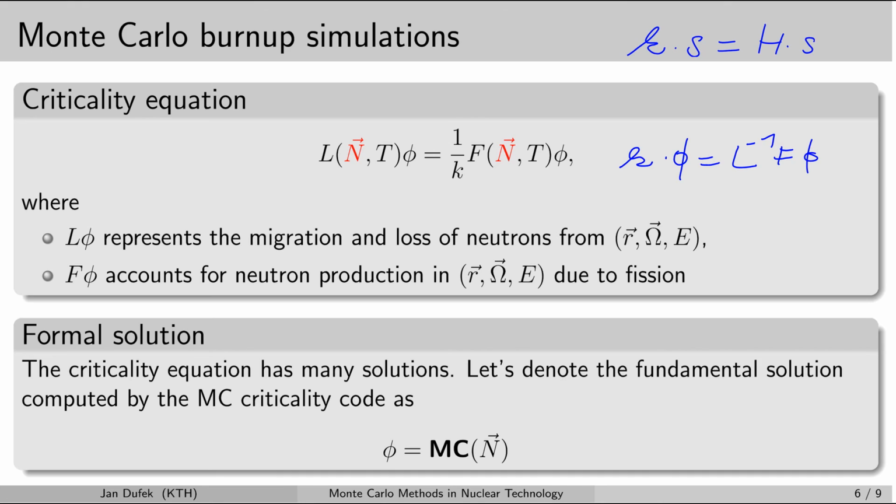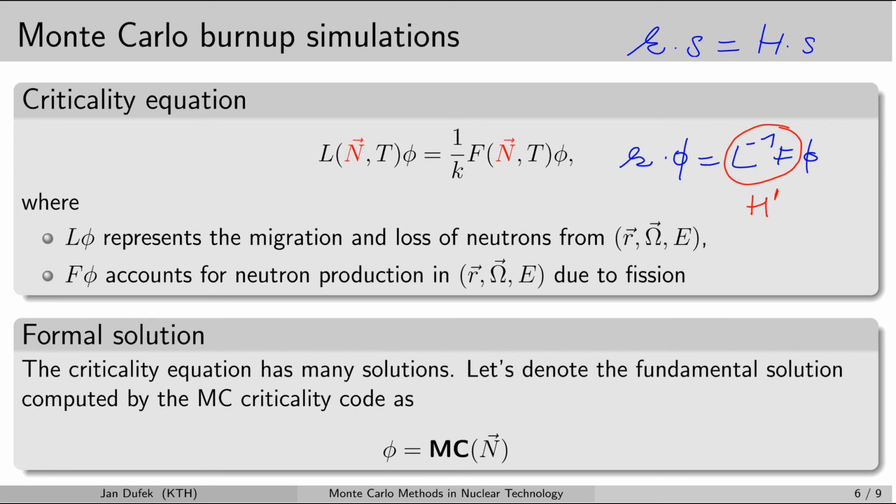And now I can combine these two operators into another one, for instance H prime. The H prime operator is not identical to H, because the H prime operator is applied to the neutron flux, while the H operator is applied to the neutron source. So when we apply the H operator to the neutron source, we will get the next generation neutron source.